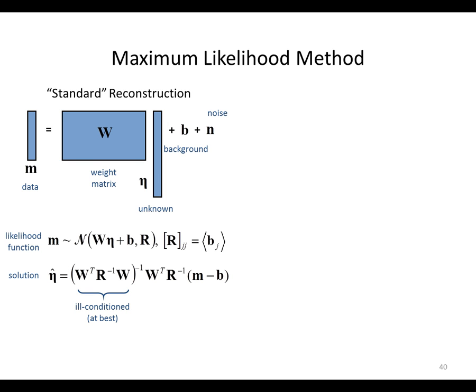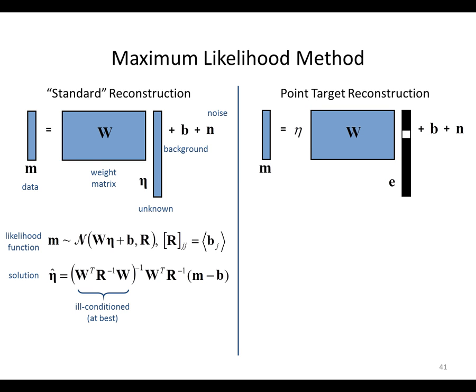So when I solve this for the maximum value eta, the solution I get looks like this, which is not very useful to us because this is ill-conditioned at best. And in fact, in the way that I've drawn it, it's actually underdetermined. So a straight application of maximum likelihood for this model doesn't work. However, what I can do is reparameterize the problem. So I can split this vector eta up into an unknown amplitude.